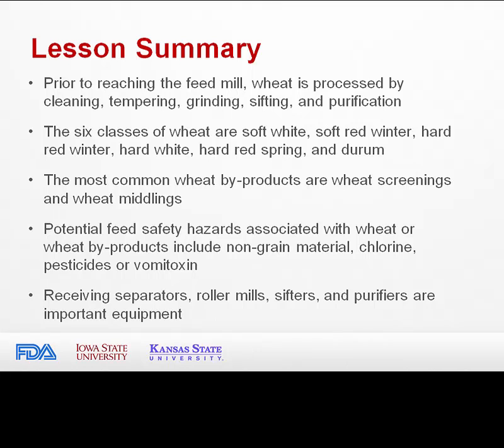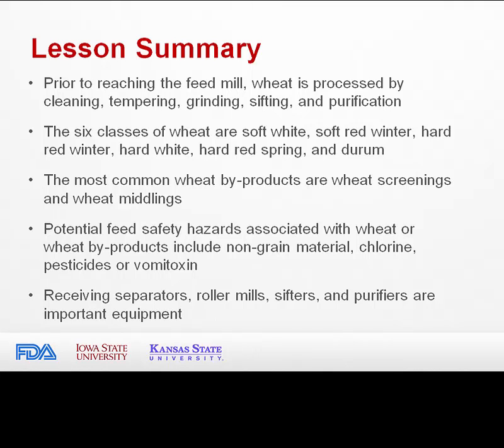In summary, we have shown that prior to reaching the feed mill, wheat is processed by cleaning, tempering, grinding, sifting, and purification. The 6 classes of wheat are soft white, soft red winter, hard red winter, hard white, hard red spring, and durum.